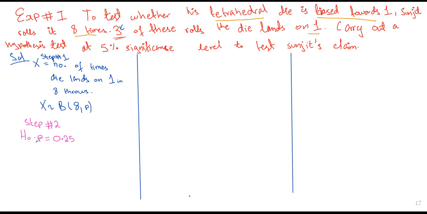And if I talk about the alternative hypothesis, what is that? P greater than 0.25. Very good, well done. And tell me if it's one-tailed or two-tailed. Yes, we have this sign. It is one-tailed.